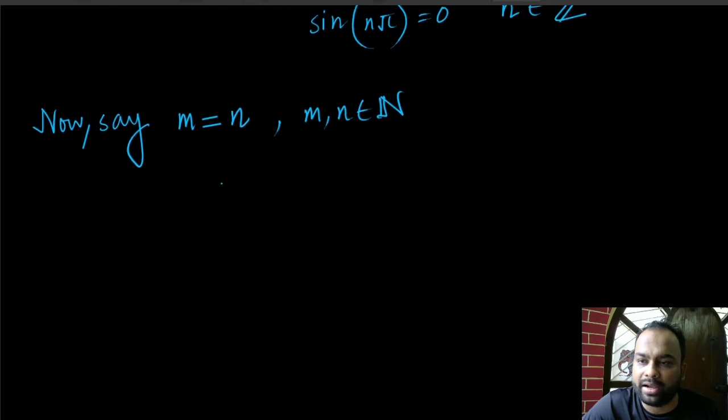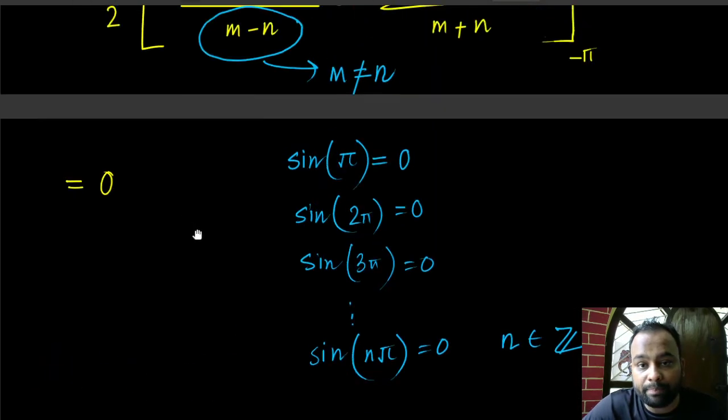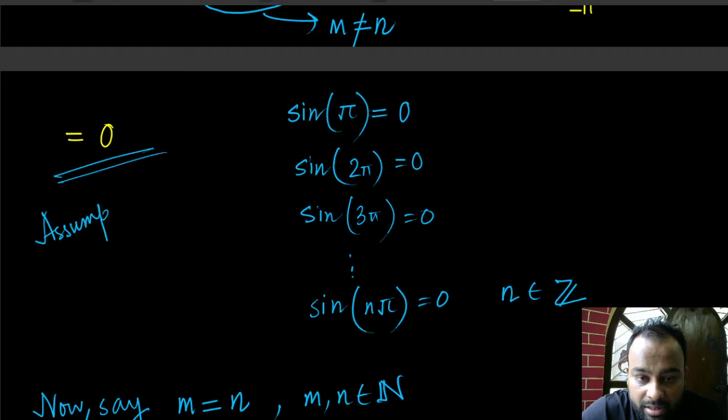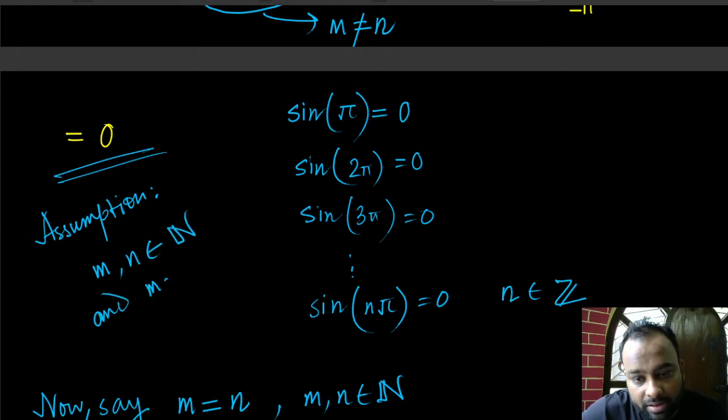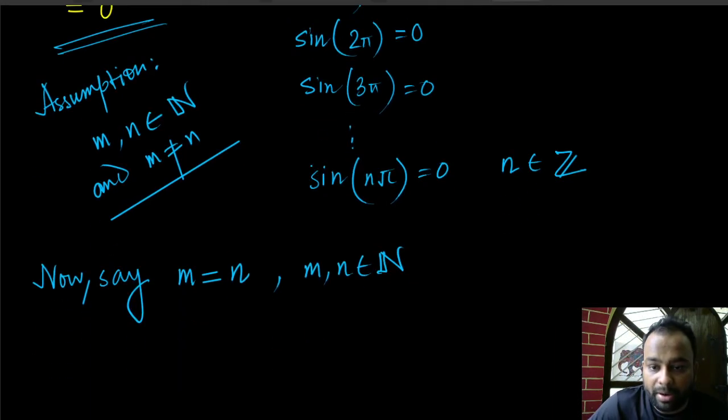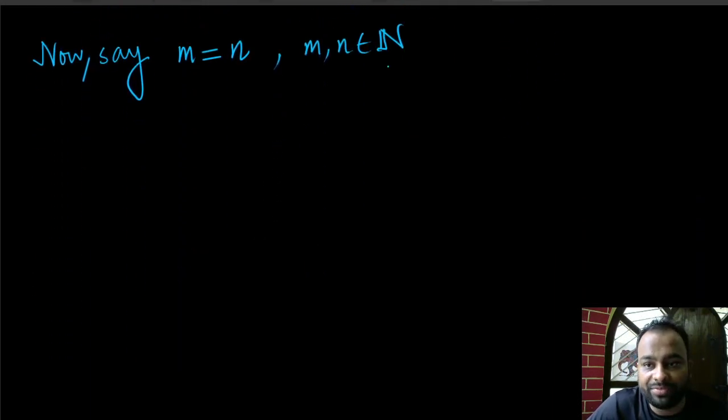We can consider integers as well. So in order to get this 0, the assumption is that m and n are natural numbers and they are not equal, right? But what if they are equal? What if they are equal?